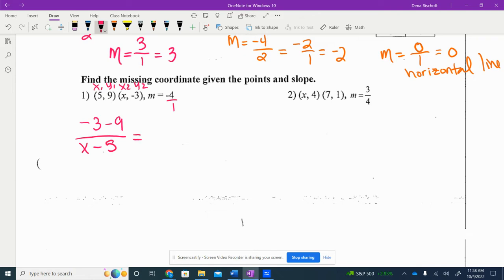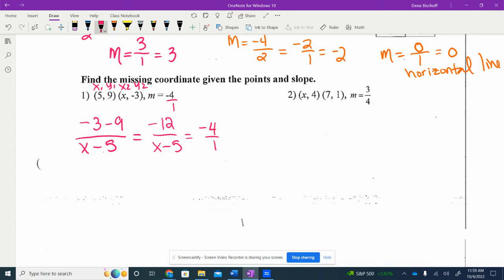Can we simplify either the numerator or the denominator? -12. Yeah, the numerator is -12. Thank you, Brody.